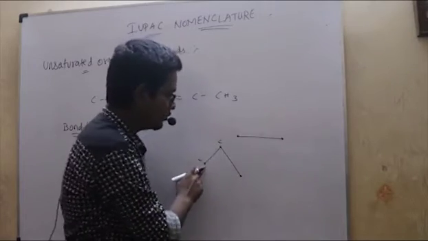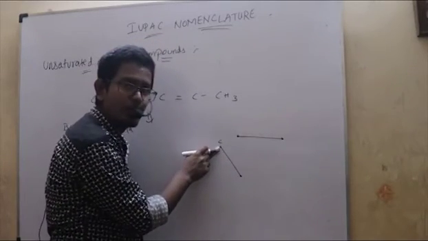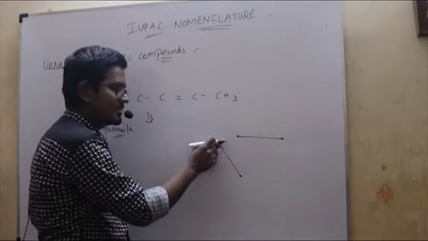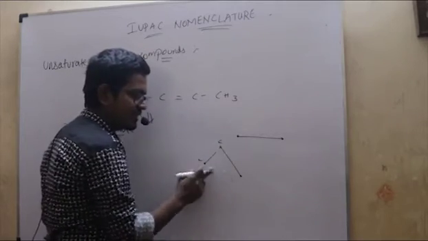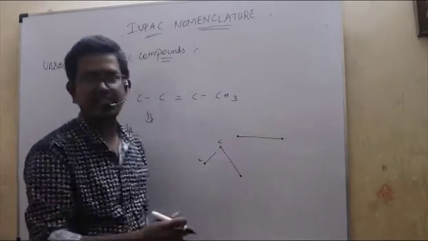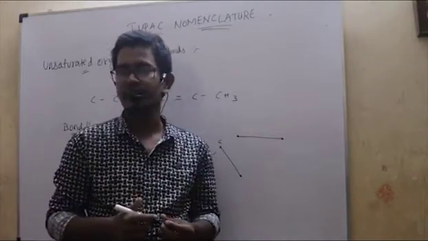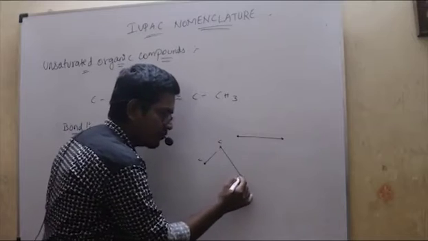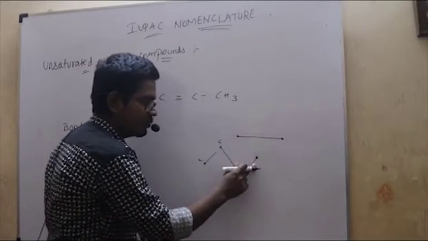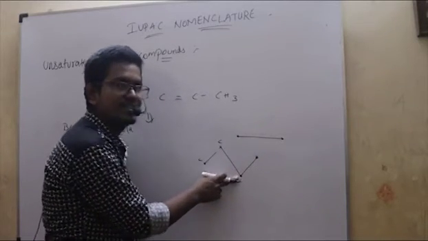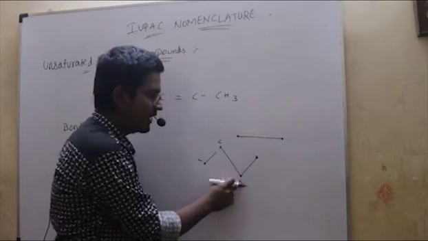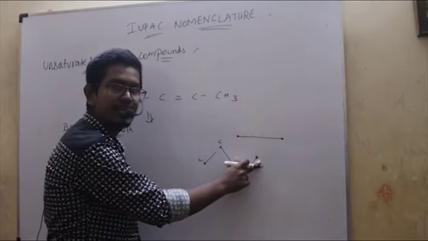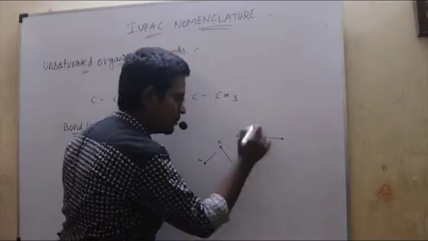You can see both the ends are intersecting at a point. That point also indicates that it is a carbon, and the ends are also representing the carbons, right? If I am drawing one more line from here, then these two lines intersecting at a point represent the carbon, and then the free end also represents the carbon.